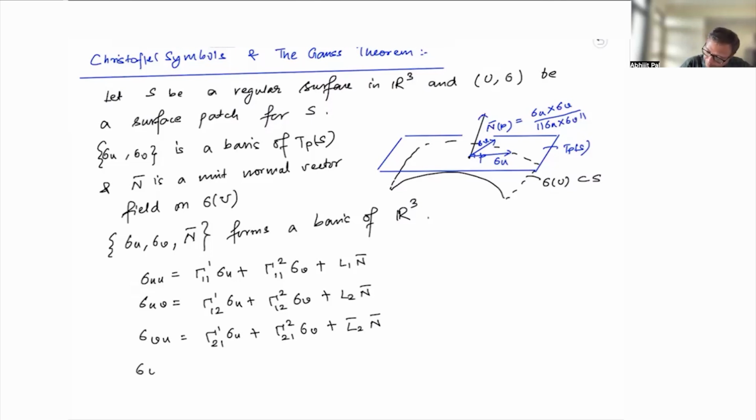Sigma vv is equal to gamma 1 2 2 sigma u plus gamma 2 2 2 sigma v plus L3 N bar.